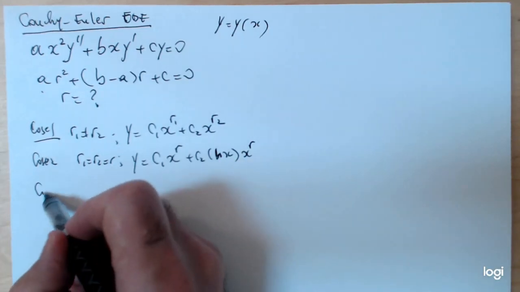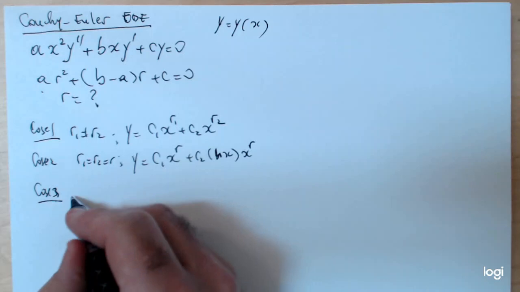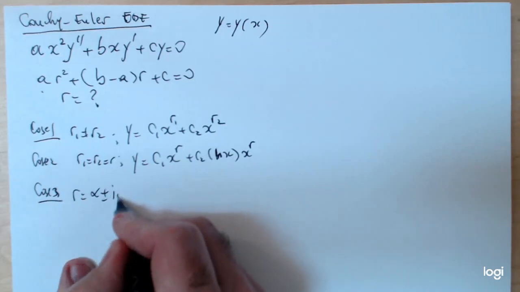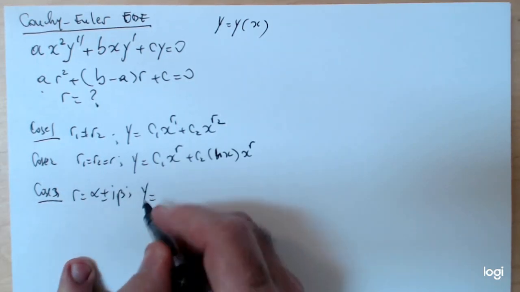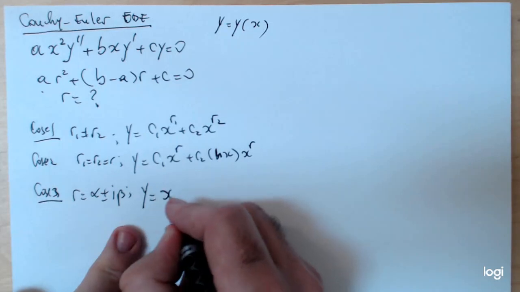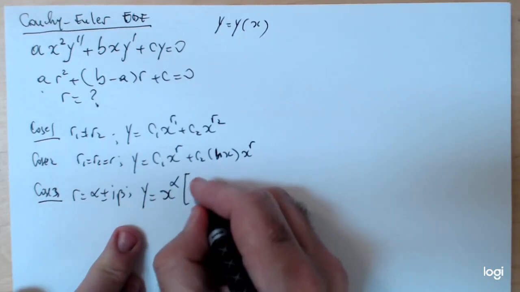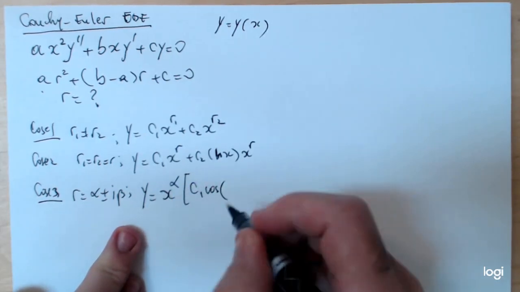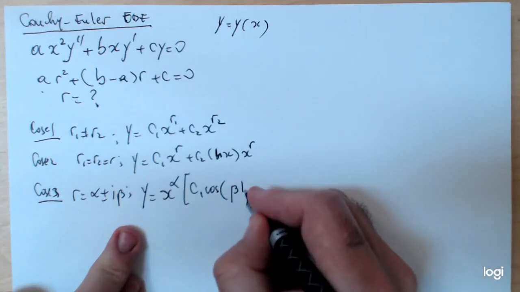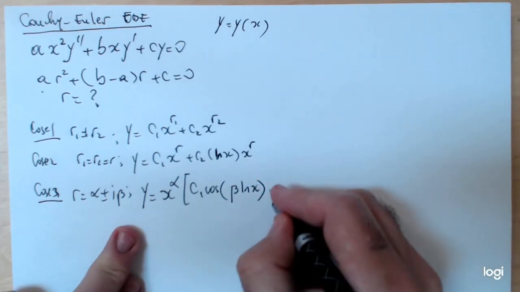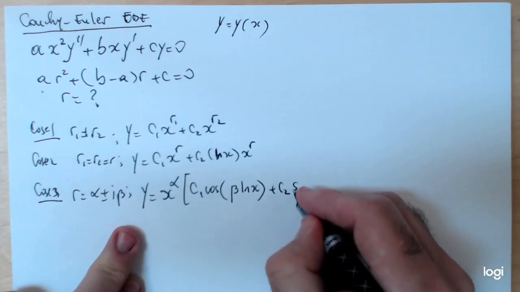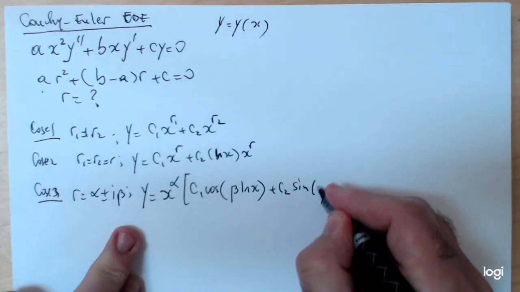And then the complex case, complex root: y is x to the alpha, C1 cosine of beta ln of x, plus C2 sine of beta ln of x.